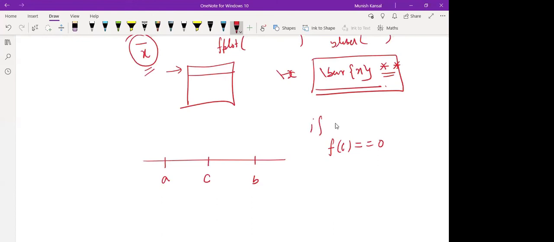You can plug in another command: if f of C is 0, then display that the root is achieved. So if the value of the function at C is 0, you stop your process, otherwise you continue. But this is the rarest case. You will not get the root at the first stage when you start with the interval A to B. Okay. Thank you, sir.